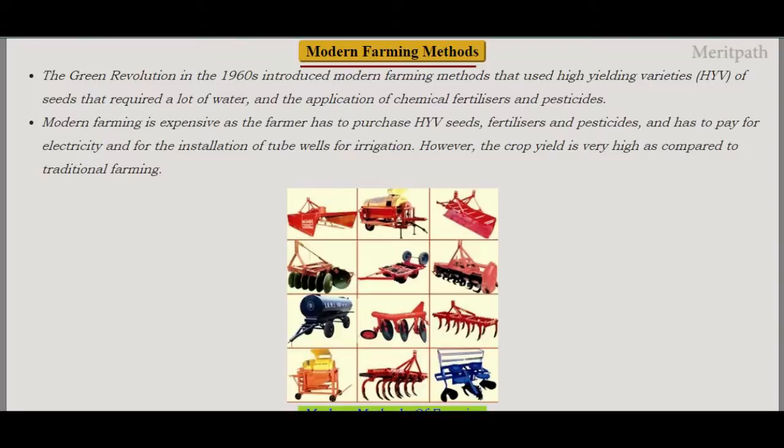Next is modern farming methods. The Green Revolution in the country in 1960 introduced modern farming methods which used high yielding varieties of seeds and which required a lot of water and application of chemical fertilizers and pesticides.